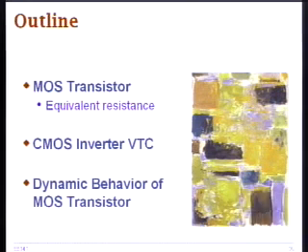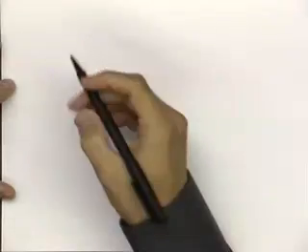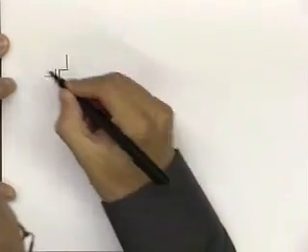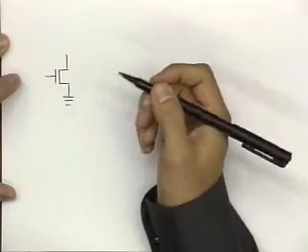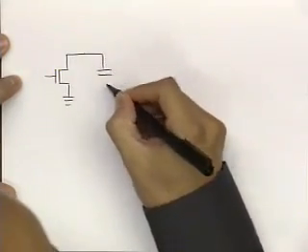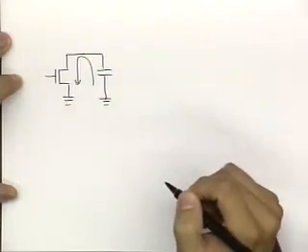Okay, now good. Let's use some formulas that we just derived to understand the behavior of a MOS transistor as a switch. So let's take a look at our MOS transistor over here that is described with these ID versus VDS equations, and let's assume that we have to, for example, provide a discharge of this capacitor.